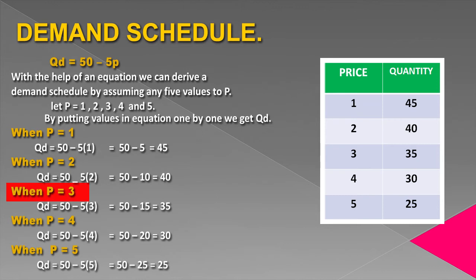When P is 3, quantity demanded equals 50 minus 5 into 3, equals 50 minus 15, equals 35. That is how we get the values of Q by putting the values of P in an equation. In this way, we can easily derive our demand schedule by putting values of P in our equation.